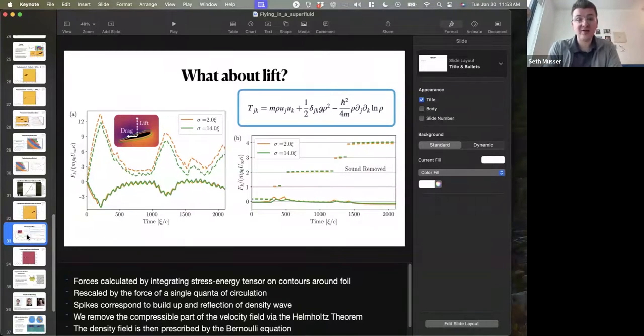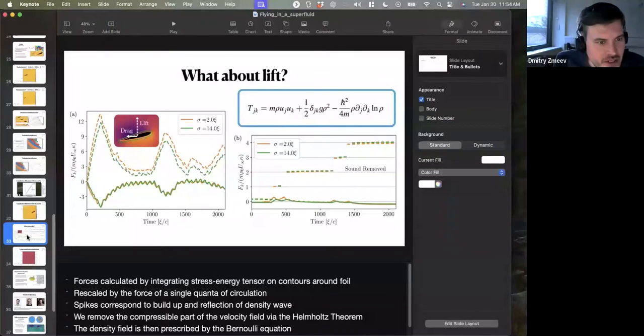If you remove sound, indeed, when you emit a vortex, there are these transients where the drag suddenly fluctuates. The reason for this is that there's a large density variation around the vortex. And because of compressibility effects, this will lead to some funny business with drag. Okay. But it looks like it's a lot smaller than the lift.